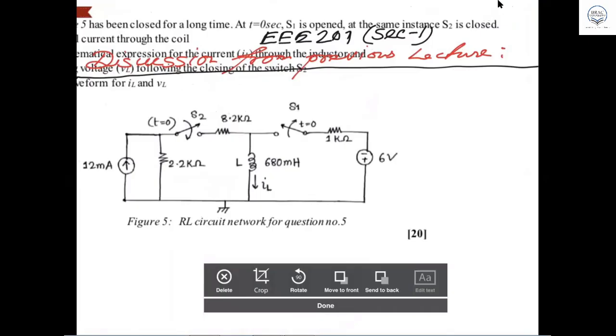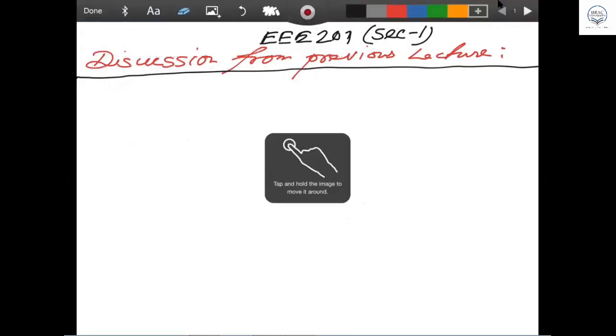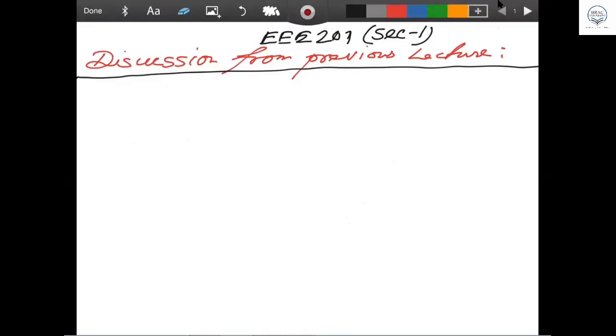I already uploaded this in the BUX, but I'm not going to solve this problem particularly, but a very similar type of problem I'll solve today. And after that, we will go for the next topic, which is the RC circuit. But before the RC circuit, we are going to solve this RL circuit first.